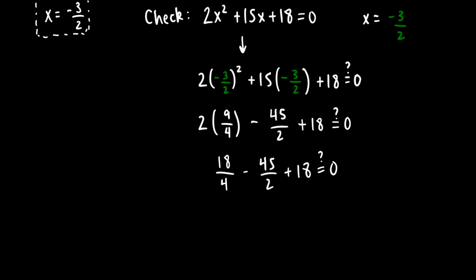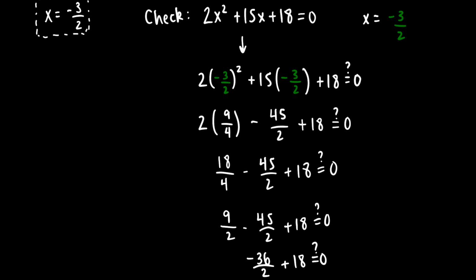So we can divide the top and bottom by 2 here. So you get 9 over 2 minus 45 over 2 plus 18 is supposedly equal to 0. And if you do 9 over 2 and you subtract 45 over 2, then you really have negative 36 over 2 plus 18 is equal to 0.